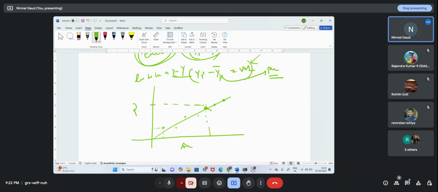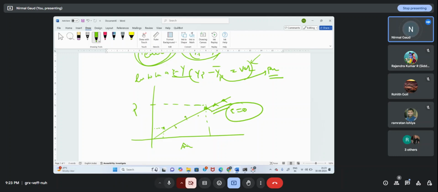So the variance is also the same, and the error is zero. Here all the points have error equal to zero because they are coming over the line, and y predicted and y are the same. Here y predicted and y are not the same, they are having some errors.